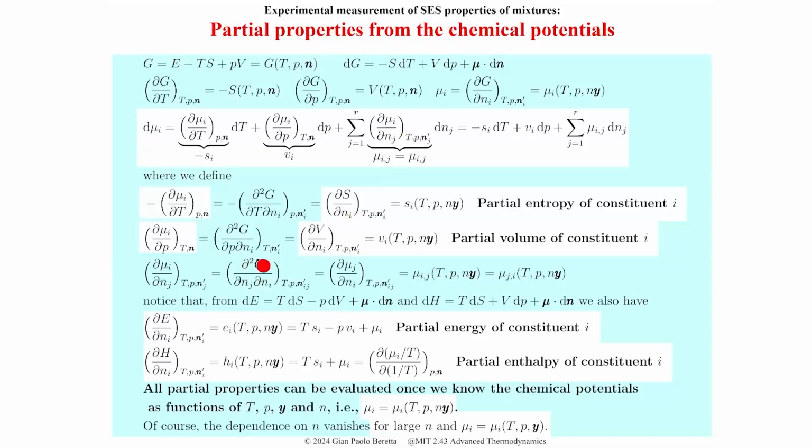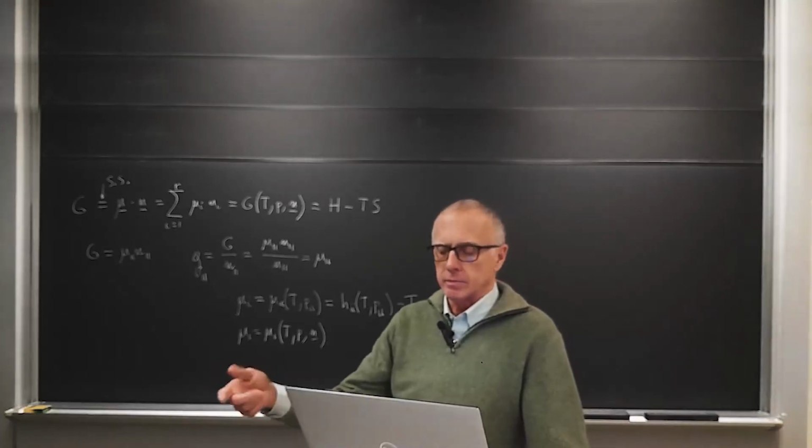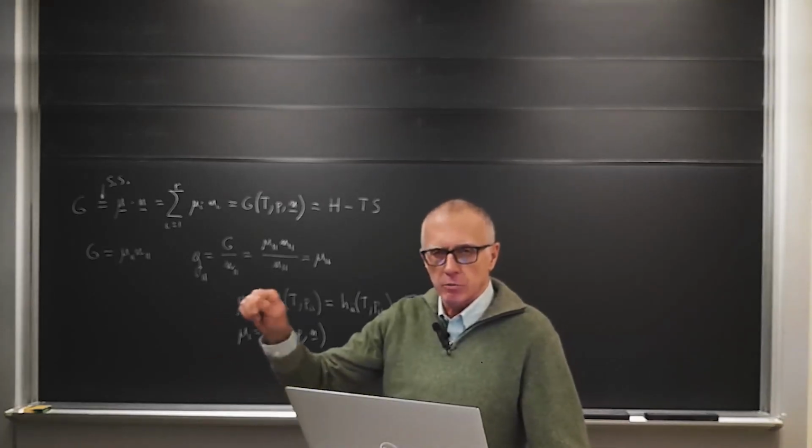And the reciprocity of second order derivatives tells us that there is a reciprocity in this relation. For shorthand, in what follows, I'm going to denote these partial derivatives as mu_i,j or mu_j,i. So the comma i means partial with respect to n_i.